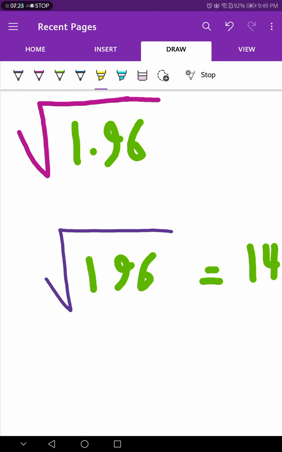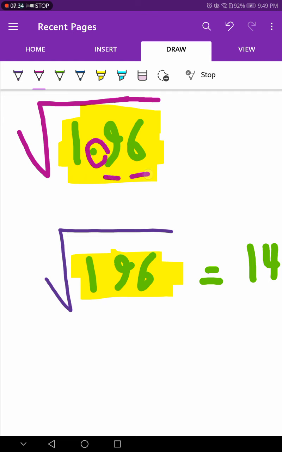And what is the relation here and here? It is the same number, but I have a problem with the decimal point. I have to release this decimal point, so I have to kick it out. I need to pass two places, or 2 digits.